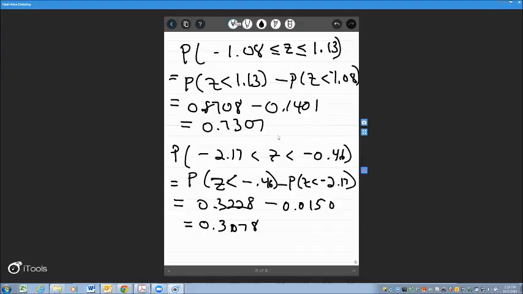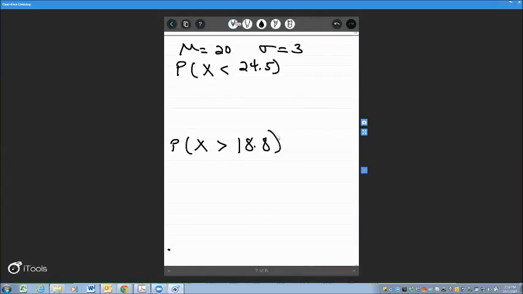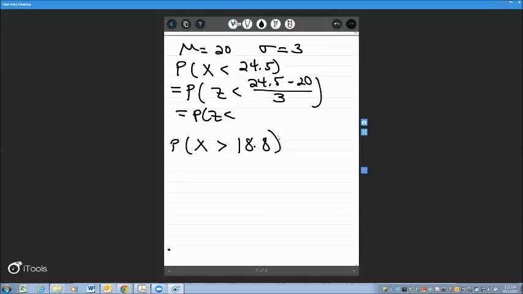What happens, though, if I have something where it's not just z, and I have something like a mean of 20 and a standard deviation of 3? Well, this is where the z-score comes in. We're going to translate this into something that can be found in the table by taking the observed value minus the mean over the standard deviation. It gives me the probability that z is less than 1.5.